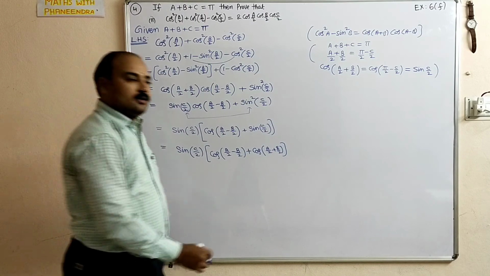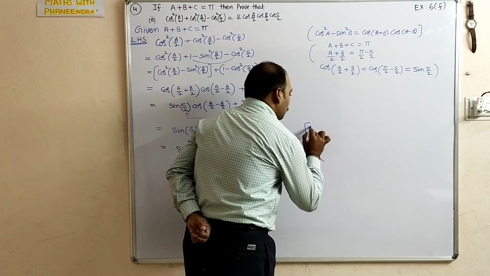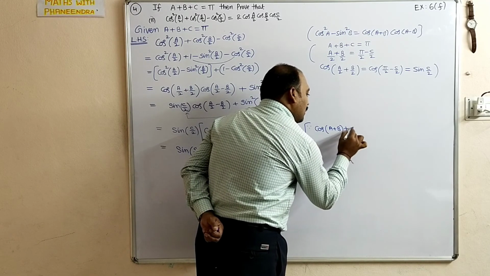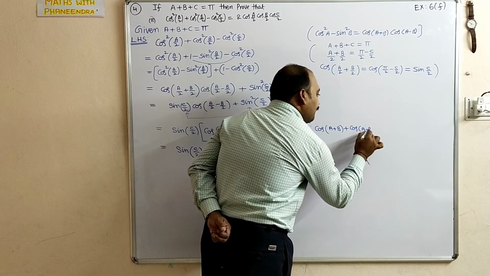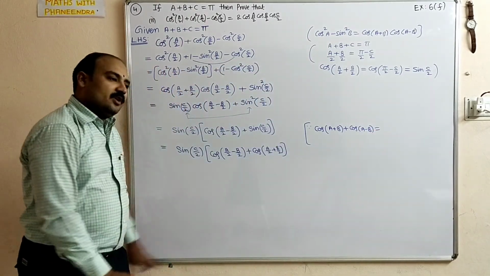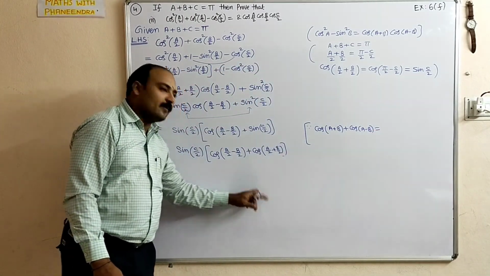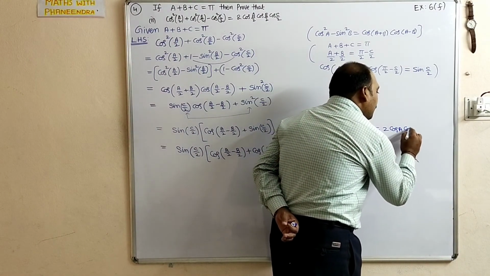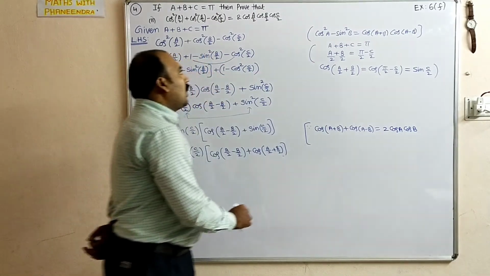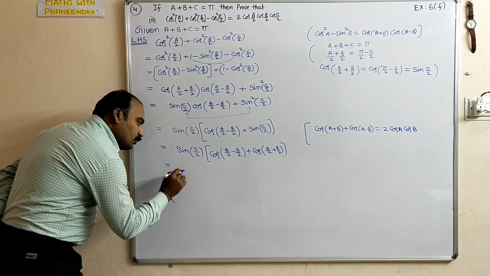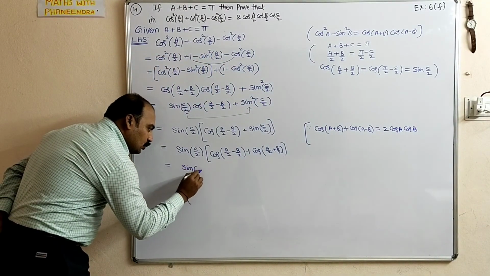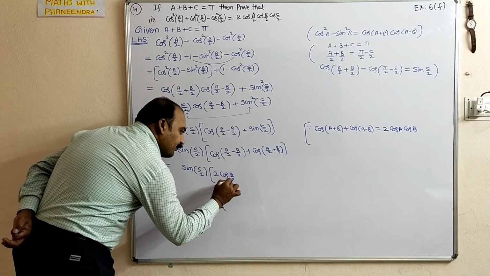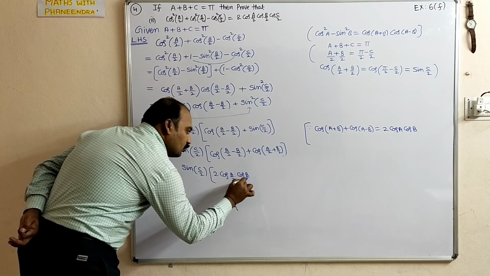We know the formula: cos of (A plus B) plus cos of (A minus B) is equal to 2 cos A cos B. So now this is equal to sin C/2 into 2 cos A/2 into cos B/2.